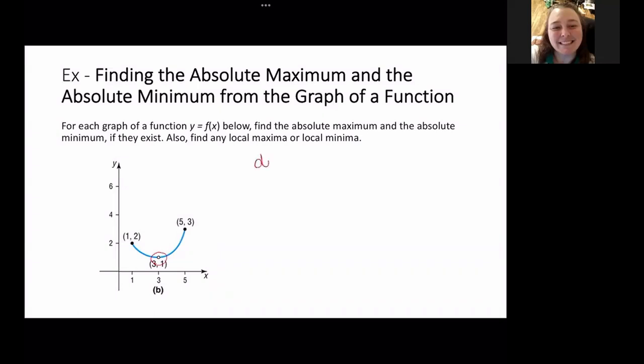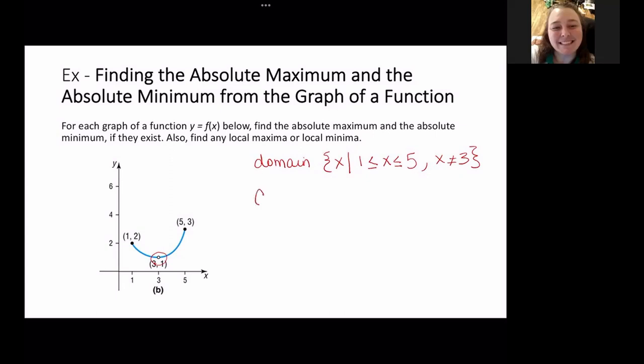So our domain is actually going to be the set of X where X is between 1 and 5 inclusive, but X cannot be equal to 3. Okay, because of that open circle. So notice we're getting rid of the 3 from the domain because of that little hole that we have at (3, 1).